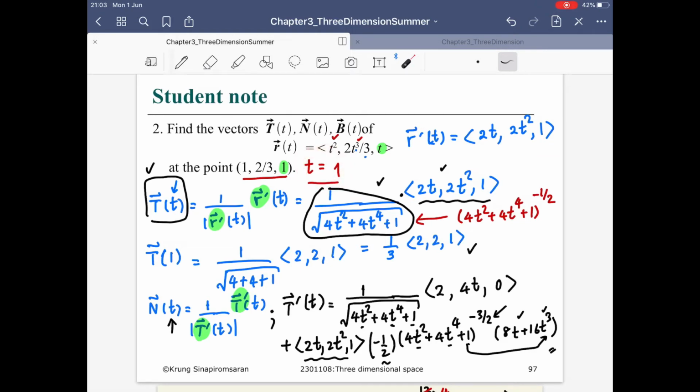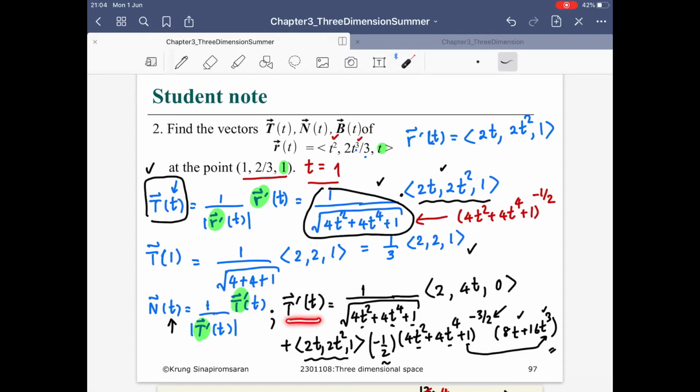So what you have to do is find the capital T at a general point t, because you need it to calculate further. Then you find your capital T at the particular point 1, and to find your N, you need to go back to your capital T at a general point t first, because you need to calculate your capital T prime.